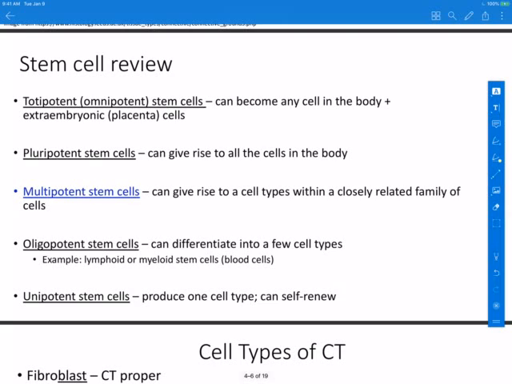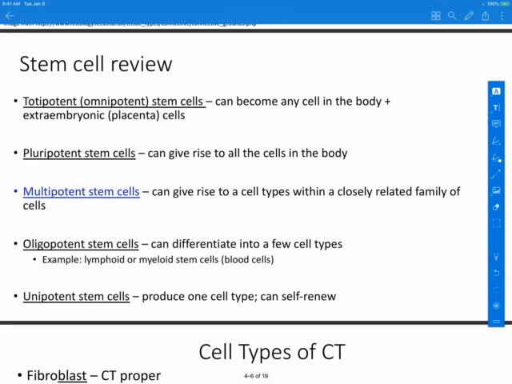So, oligopotent cells, those types of stem cells can differentiate into just a couple cell types. And one example would be blood cells, like the lymphoid stem cell or the myeloid stem cell, that give rise to the different types of blood cells. So those would be oligopotent stem cells.